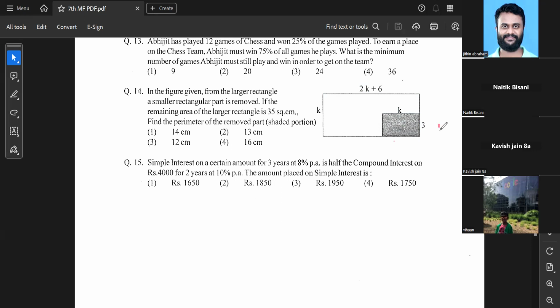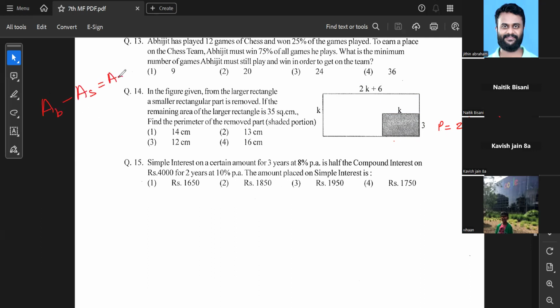The perimeter you have to find is basically 2 multiplied by k plus 3. Once you get the value of k, you will be able to find the answer. How to find k? The area of the remaining part is given. The remaining part is big area minus small area.